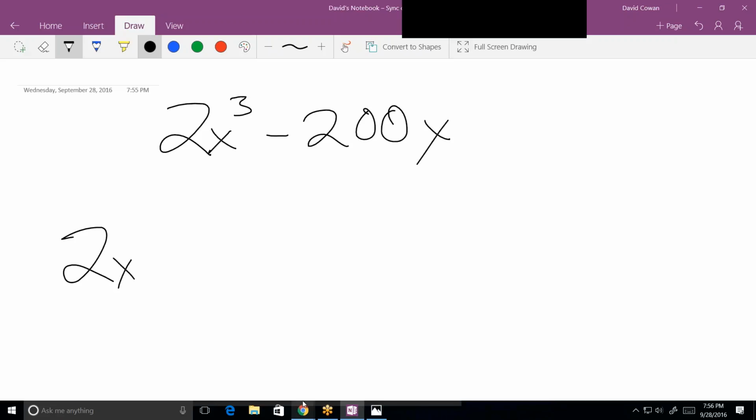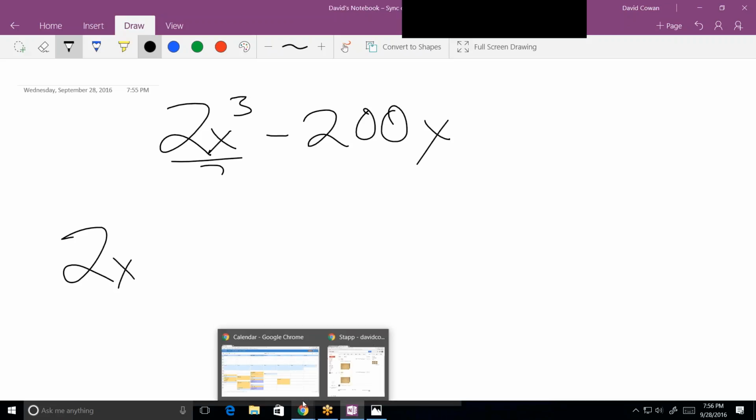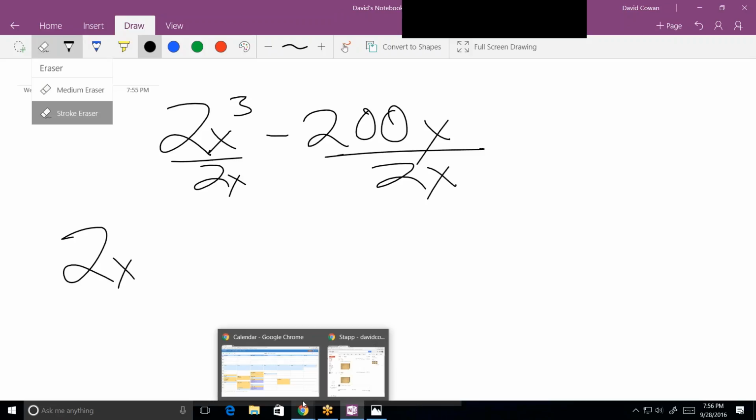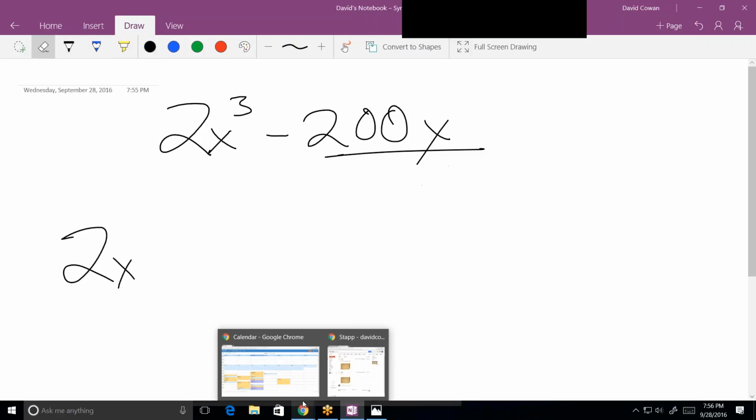In other words, I can divide both terms by 2x and get an integer. Well, what's left over? And then we would do parentheses.